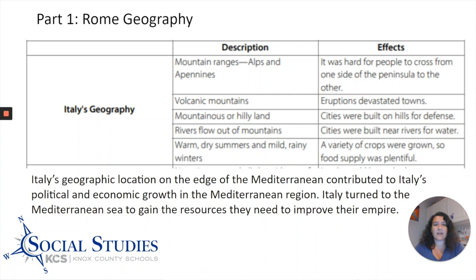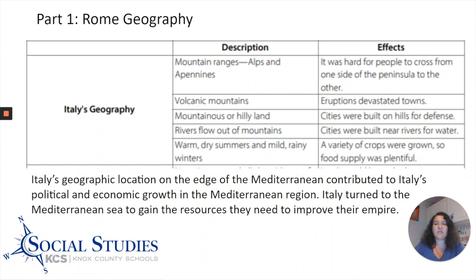Mountains or hilly land, the cities were built on hills for defense. Rivers that flow out of the mountains allowed for cities to be built near rivers for water. And warm, dry summers and mild, rainy winters provided a variety of crops to be grown, and food supply was plentiful.